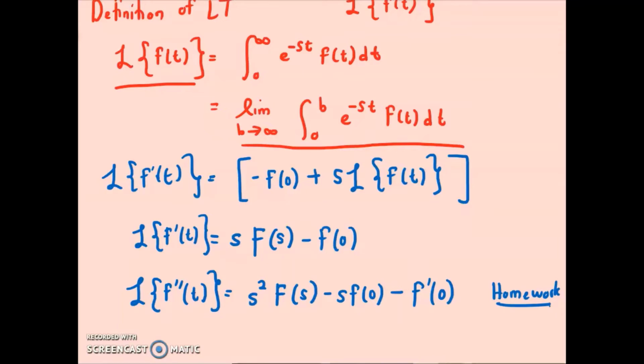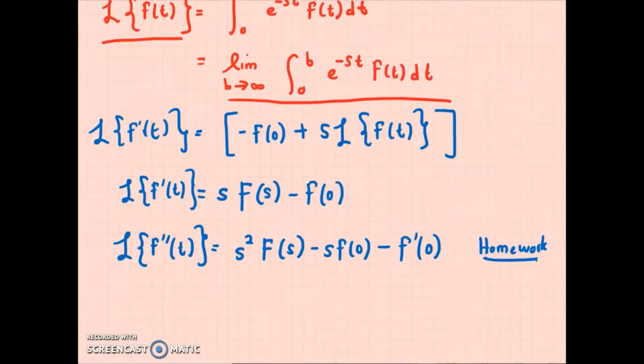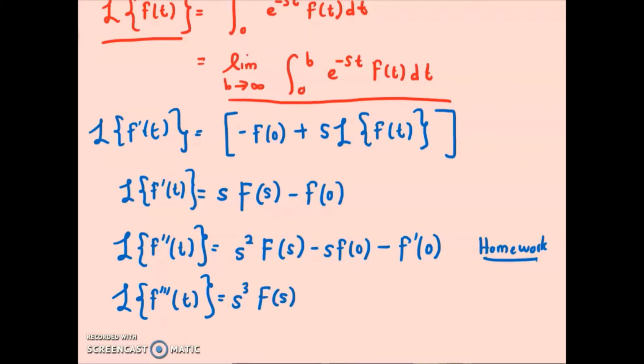And similarly, we can also have the third derivative, which is given by s cubed F(s) minus s squared f(0) minus s f prime(0) minus f double prime(0).